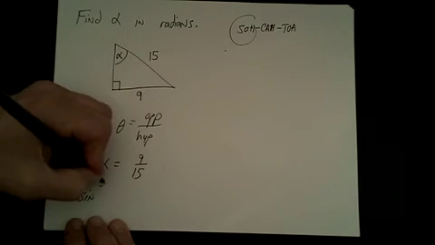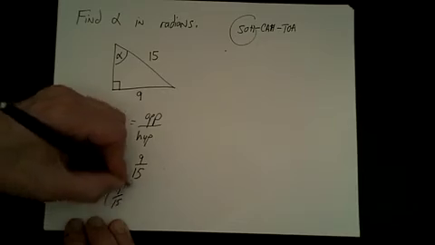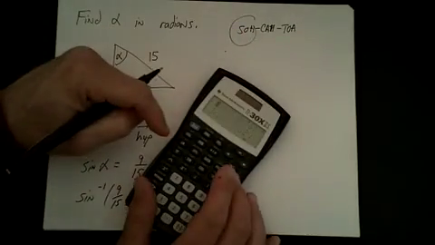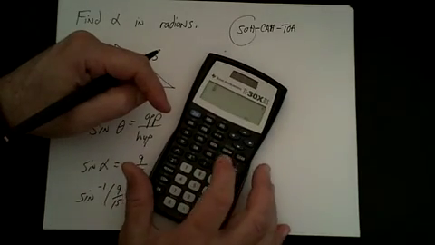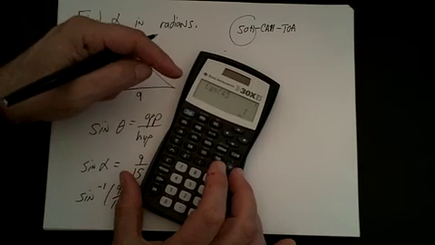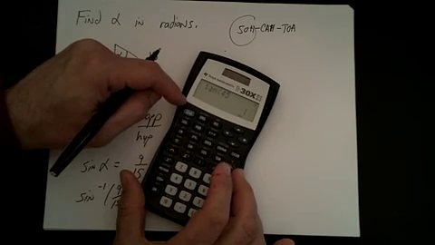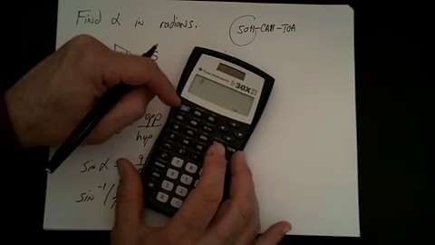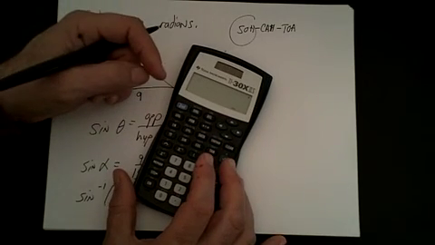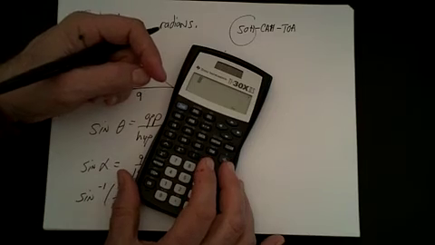So I'll go sine inverse of 9 over 15. But I want it in radians, so first I need to check what mode it's in. If I go tan of 45, I know that's equal to 1, so it's in degrees, and I have to change it. It varies by calculator. You might have to go to mode, or you might have to go to degrees or radians.